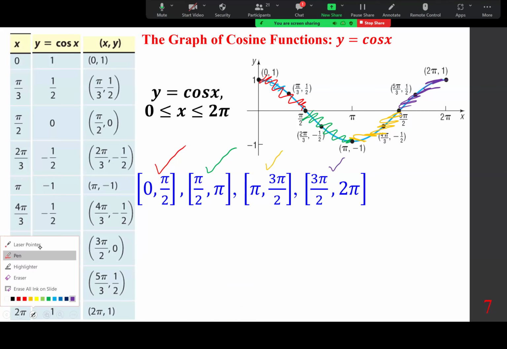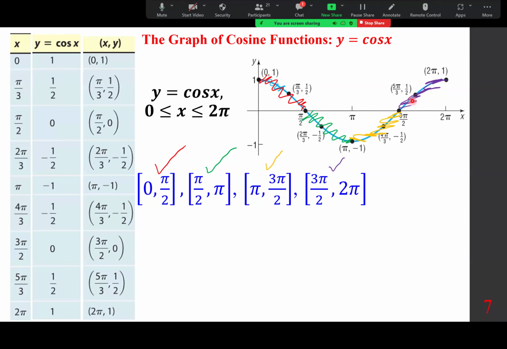I want to make sure we understand what's going on. 0 to 2 pi is cut into 4 sub-intervals. By dividing 2 pi by 4, we get pi over 2. So 0 to pi over 2, pi over 2 to pi, pi to 3 pi over 2, 3 pi over 2 to 2 pi. And that's what we did with the sine.